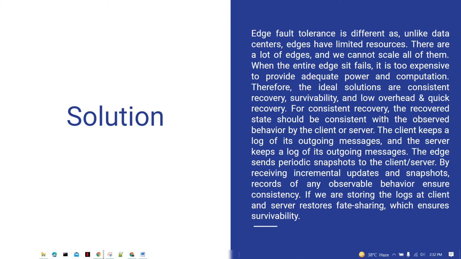By receiving incremental updates and snapshots, the records of any observable behavior ensure consistency. If we are storing the logs at the client and server, which restores fate sharing, this ensures survivability too.